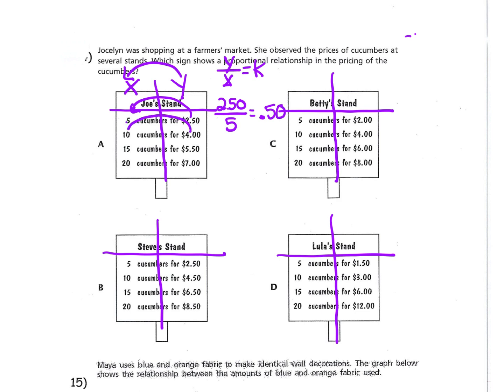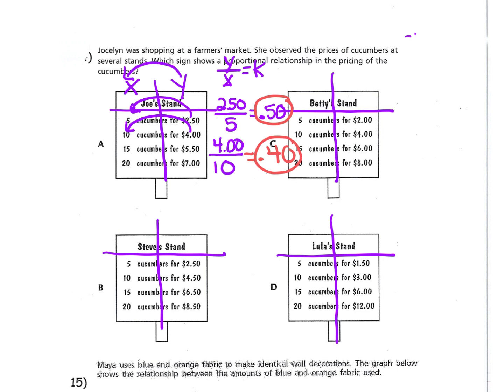But if you put in the next one, $4 divided by 10, you get 40 cents. Clearly, the rates we calculated are not steady and consistent.